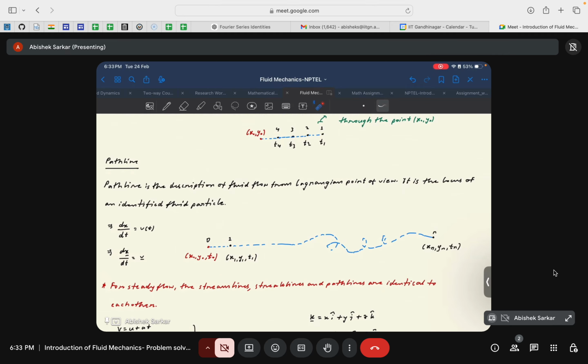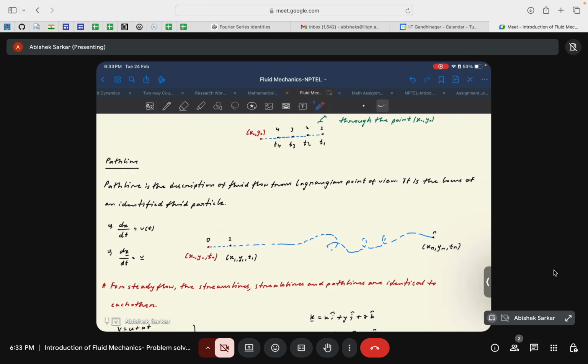If you integrate those two equations separately, you will get the position vectors of the particles at the respective instances. If you integrate from t0 to t1, you will get the position at point 1, and similarly if you integrate from t0 to tn, you will get the position of the particle at the time instant tn.